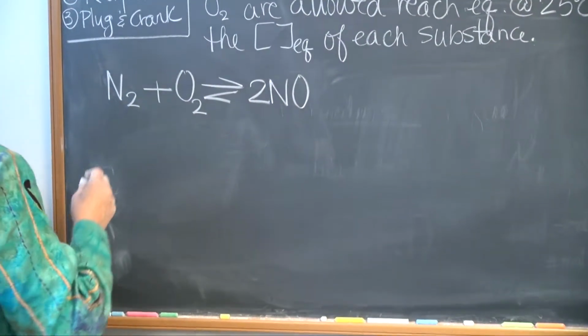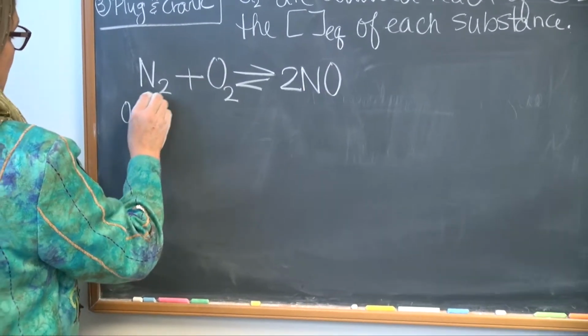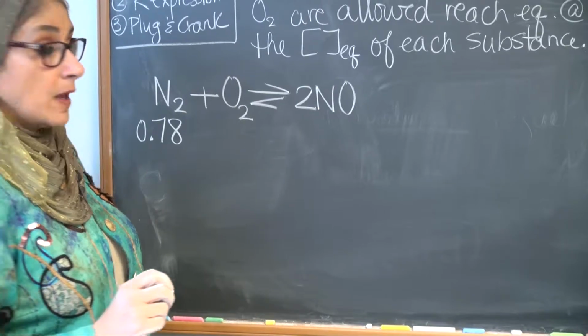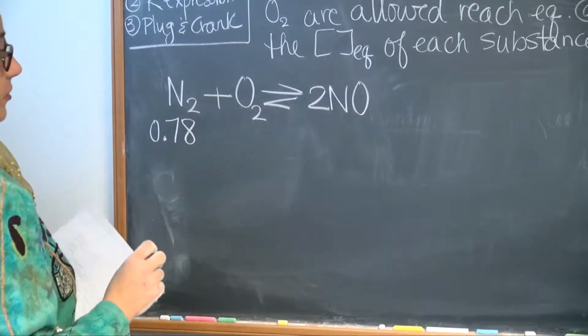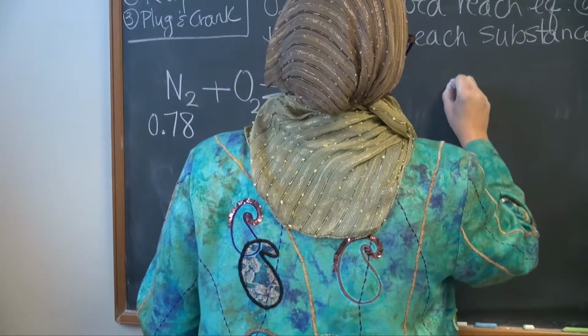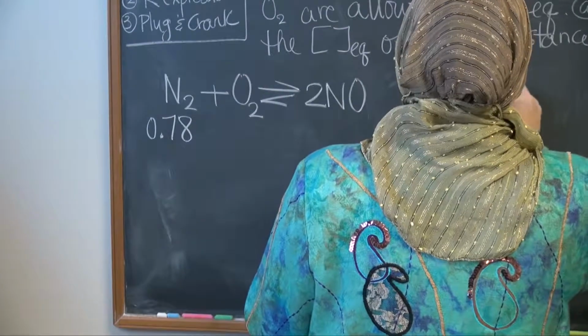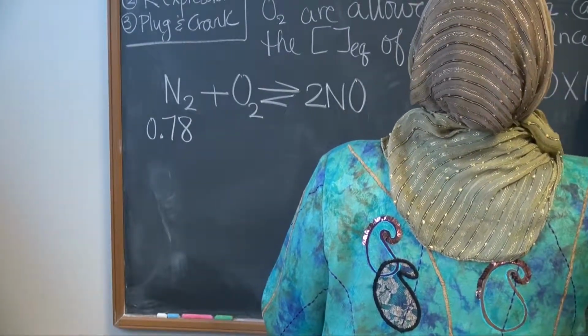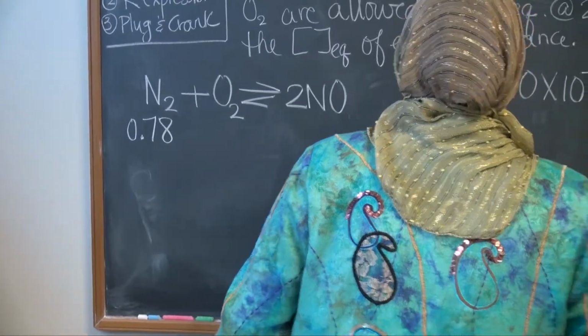We are told that we are starting with 0.78 atmospheres. Now we're working with Kp. By the way, the Kp value has to be given. I'm sorry, I didn't write that yet. So our Kp value for this problem is 2.0 times 10 to the negative 31.